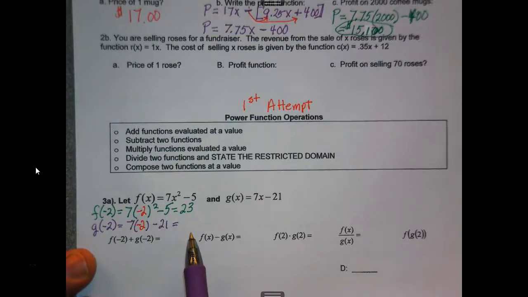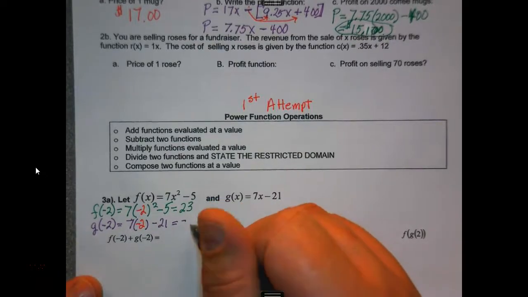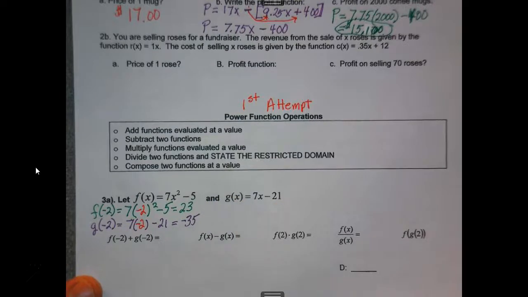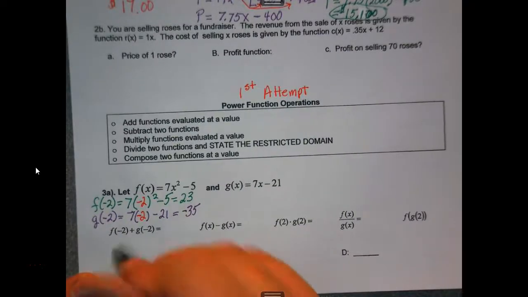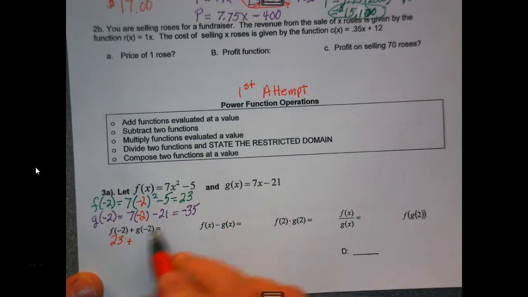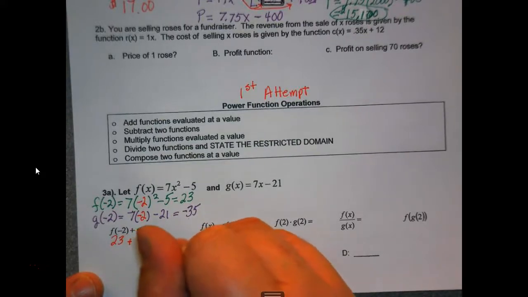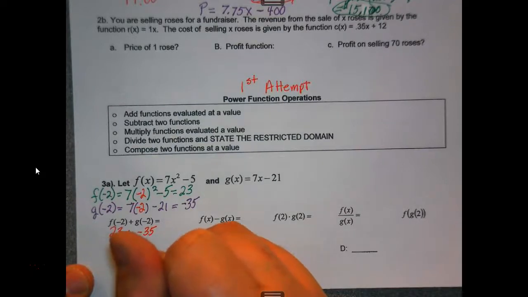Negative 14 minus 21 is negative 35. Okay, so f of negative 2 was 23, plus the g of negative 2 was negative 35. 23 minus 35 is negative 12.